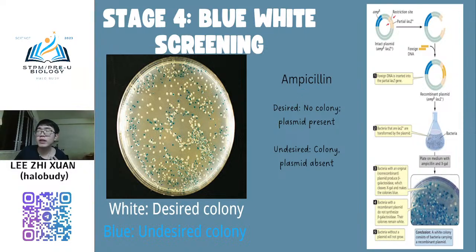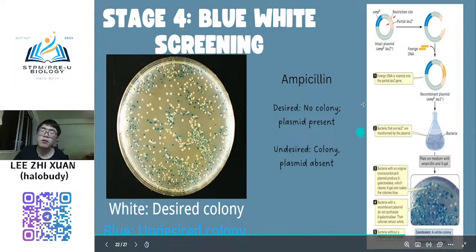As we know, antibiotics can kill bacterial cells, right? But if the bacterial cell contains a plasmid with the ampicillin resistant gene, ampicillin, although it acts as an antibiotic, cannot kill that bacterial cell.